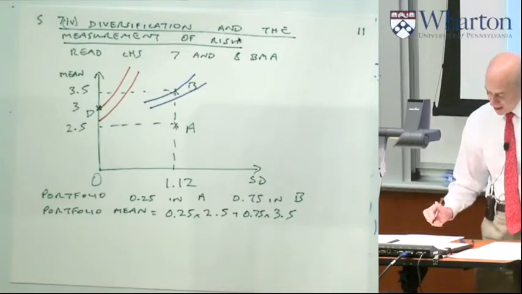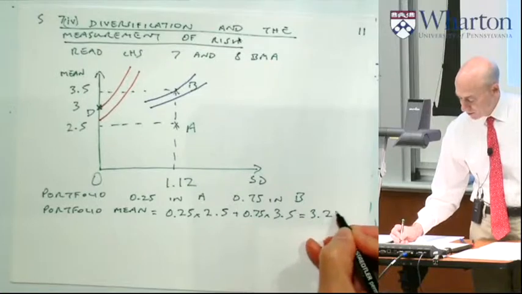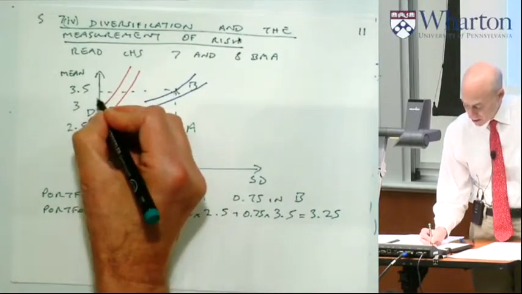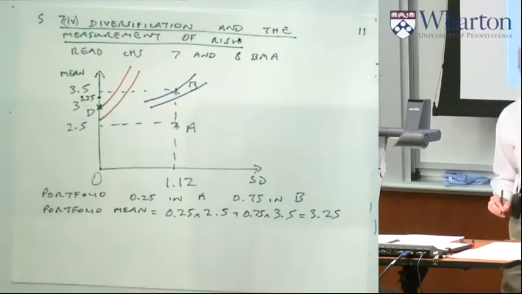That's the mean of B. If you work it out, it's 3.25. So we're going to be somewhere like this at 3.25.